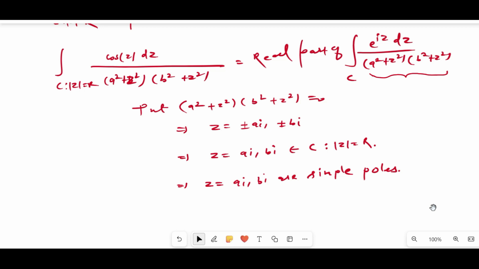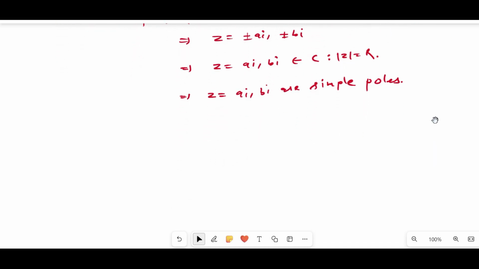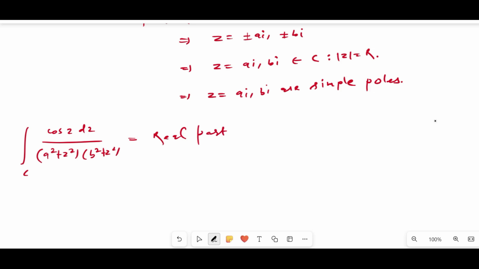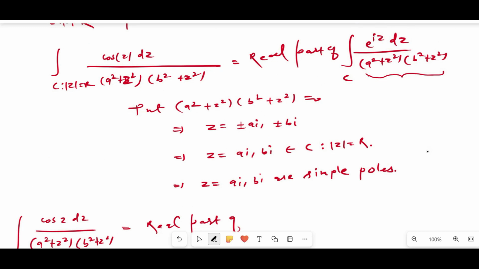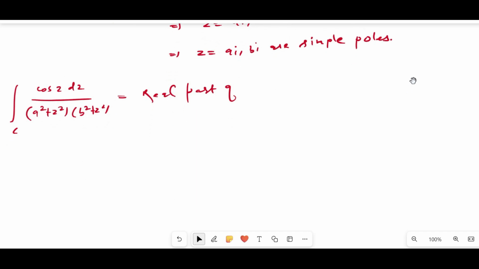If there are simple poles, we can find the value of the integral over the curve c of cos z dz over (a square plus z square)(b square plus z square), which will be equal to the real part of... this integral will be calculated by using the Cauchy residue theorem.